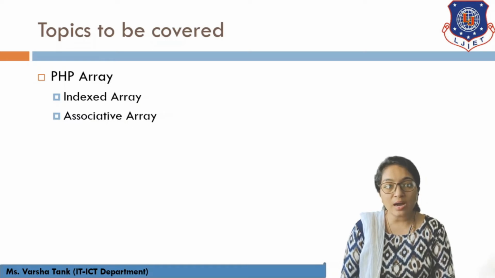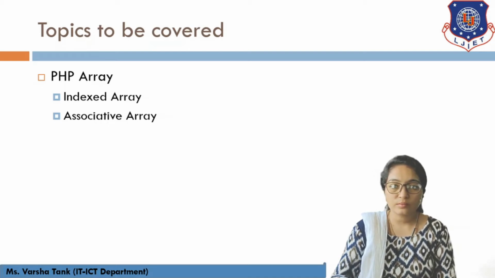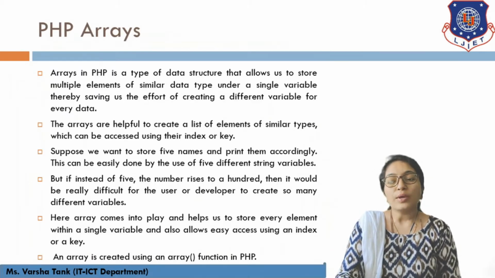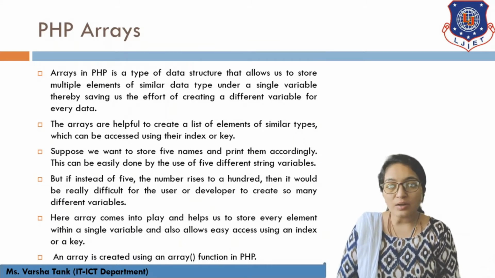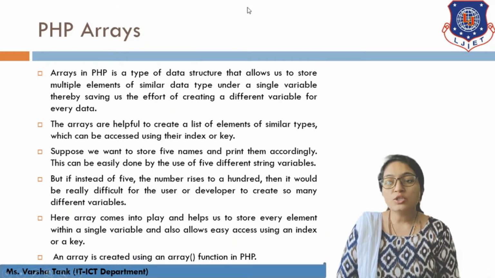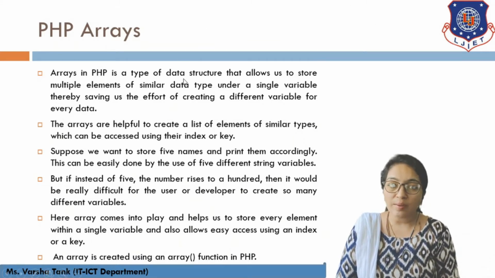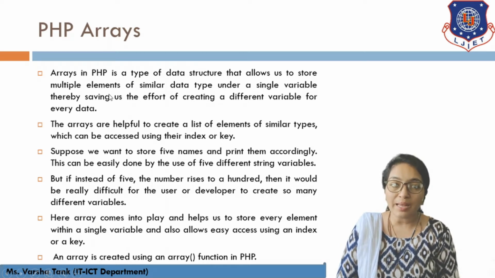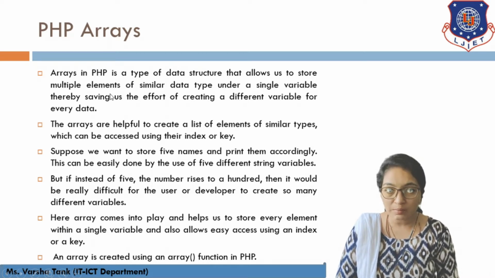Now let's start with how to create the indexed array and what the types of array are. First of all, let's start with the PHP array. An array in PHP is a type of data structure that allows us to store multiple elements of a similar type. As you know, why are we using the array?